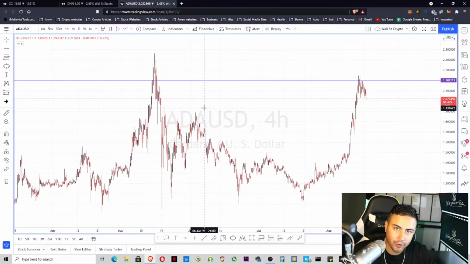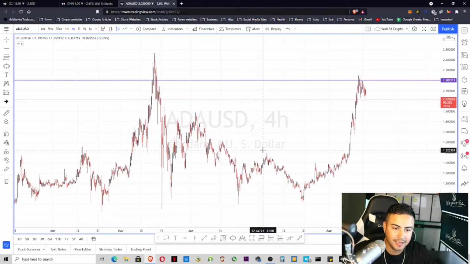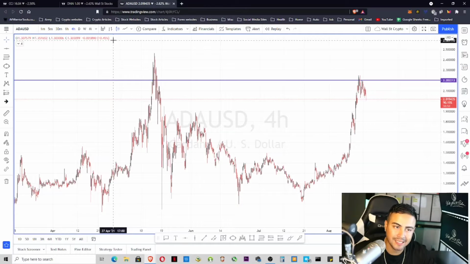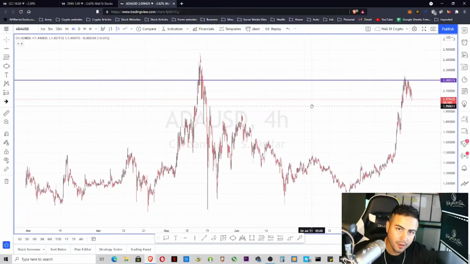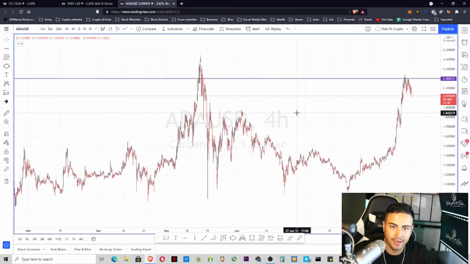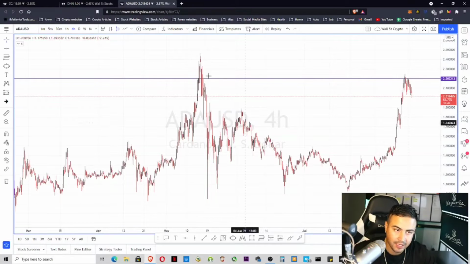When I first got started into trading, I thought the same thing, that this is super confusing. I had no idea which way price was going to move, and I started to use support and resistance as a way to figure out where price is going to touch and push off of, or going to break through. So let's look at ADA right now. When I first started, I did this little trick to understand where my major supports and resistance are.